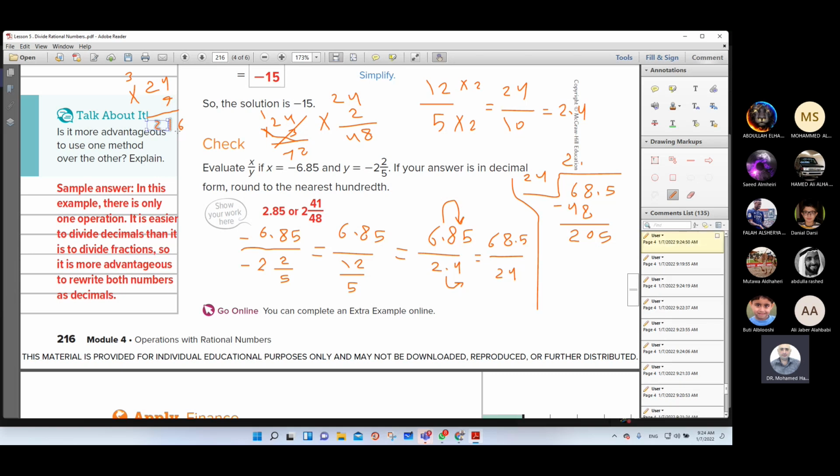You will get 216. 216 is greater than 205, so not suitable. Try 8. 8 times 4 will be 32, and 8 times 2 will be 16, plus 3 will be 19. 192.